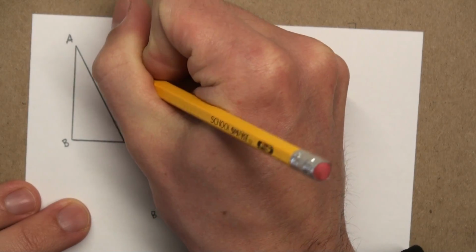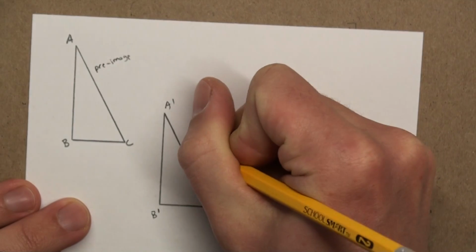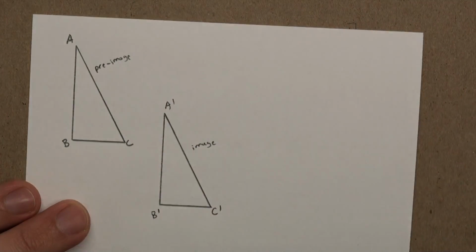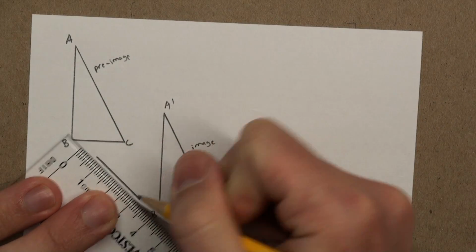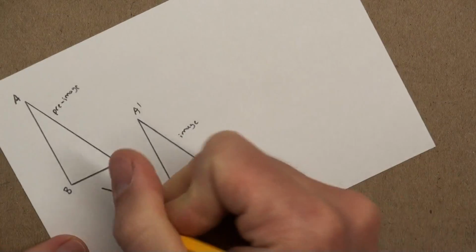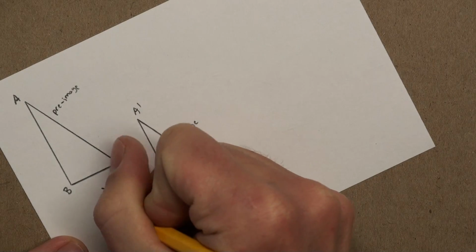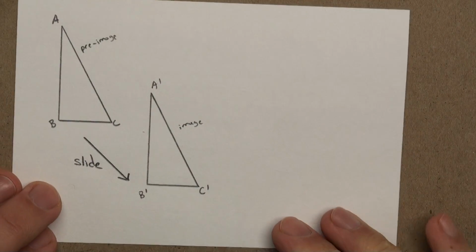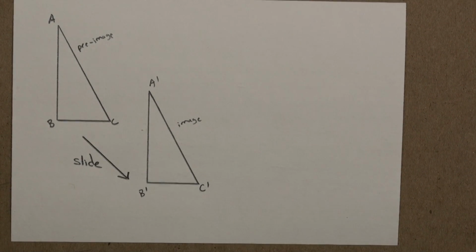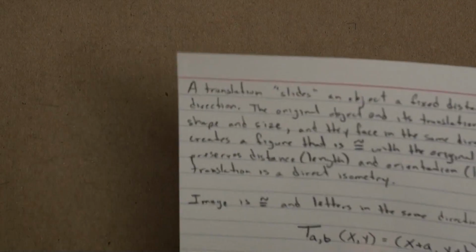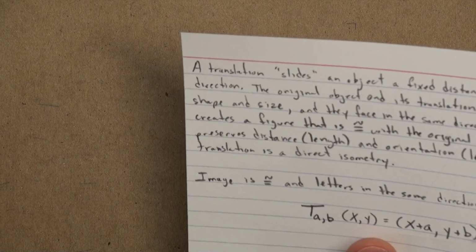This is the pre-image, and this is the image. And what happens is this thing slides. Okay? Let's do the next card. This was 137.